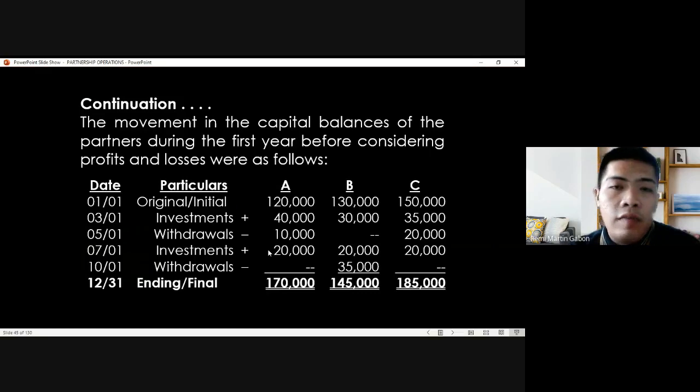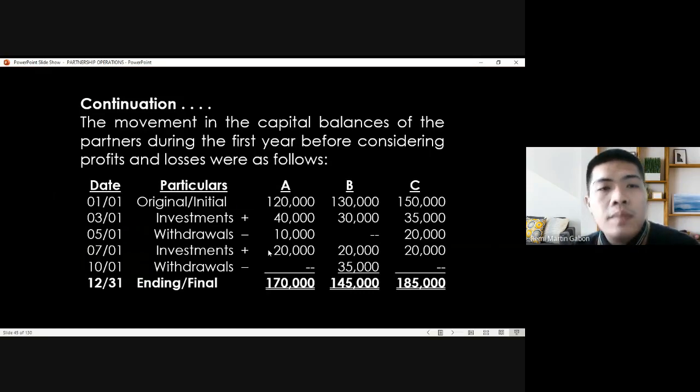There are investments, withdrawals, and both within the year. Considering those movements, we can already have the ending balances before considering the profits or losses.